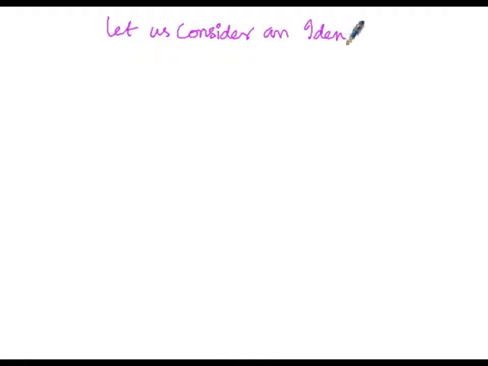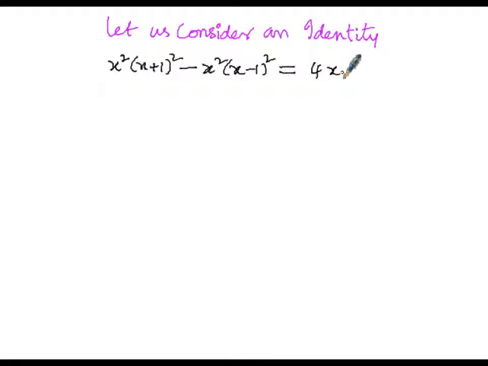So here let us consider an identity that is x square into x plus 1 whole square minus x square into x minus 1 whole square is equal to 4x cube.